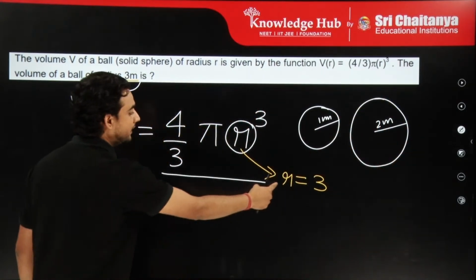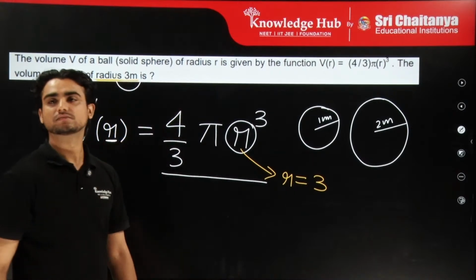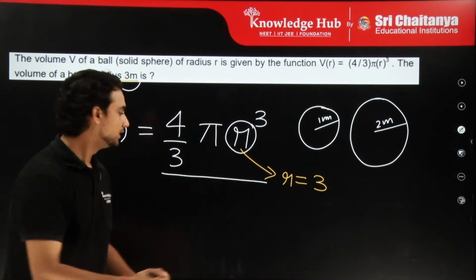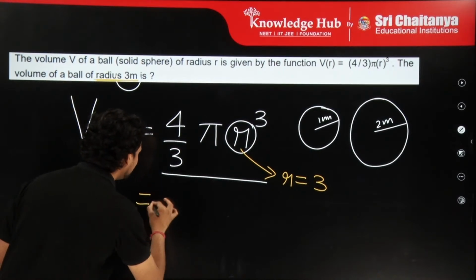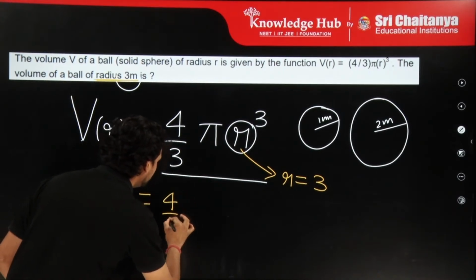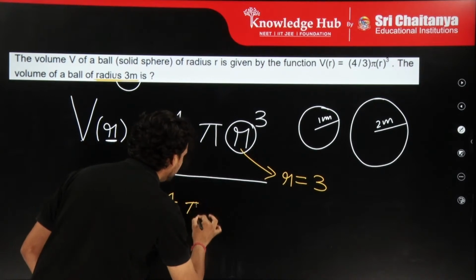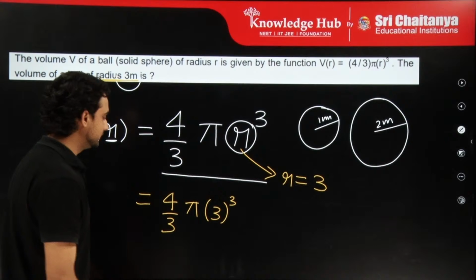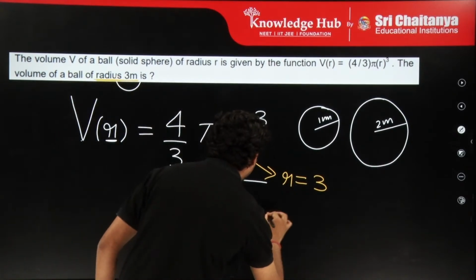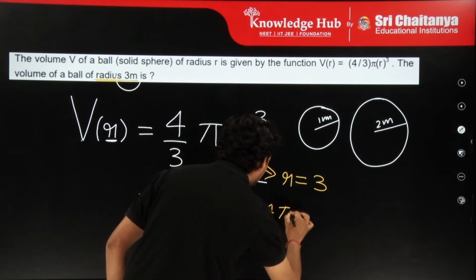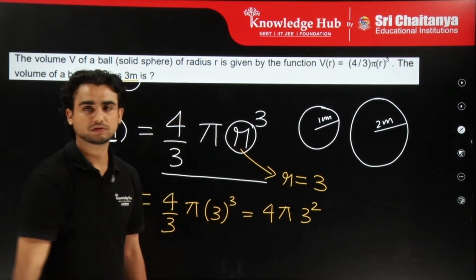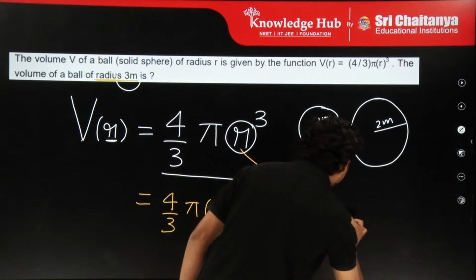Similarly, my input radius is fixed, right? The input which I am giving, that is r equals 3, is fixed. So the volume will be fixed. Let's see what the volume comes out to be. So 4 upon 3 pi into 3 cube. So I'll get 4 pi into 3 square, that is 9, and 4 9s are 36 pi.